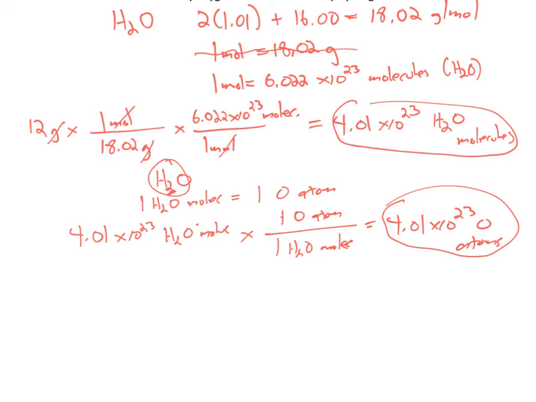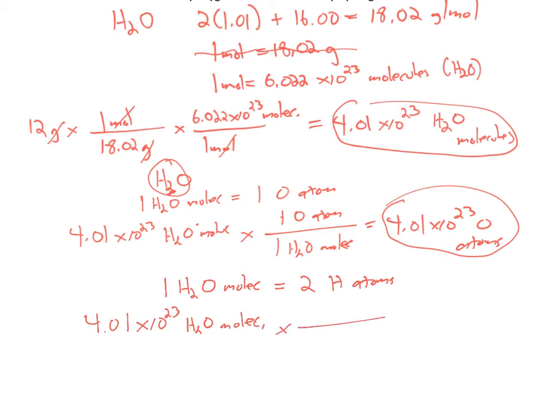And so I'll say, okay, one H2O molecule is going to give me two hydrogen atoms. And so if I take my 4.01 times 10 to the 23rd H2O molecules, and then one water molecule is going to give me two hydrogen atoms, the water molecules cancel.